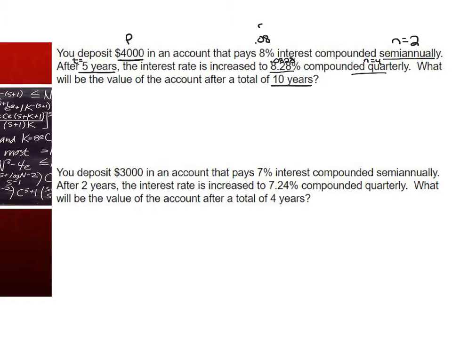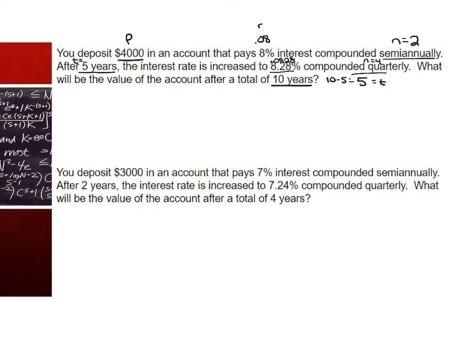If I spent 5 years at the 8%, then I have 5 years left at the 8.28%. So I'm going to solve this problem twice, and the answer I get the first time is the new P.